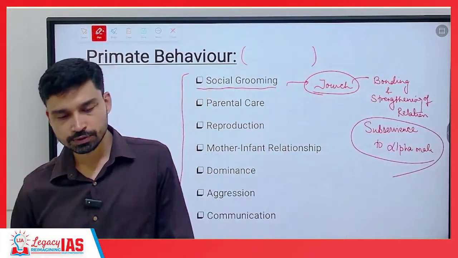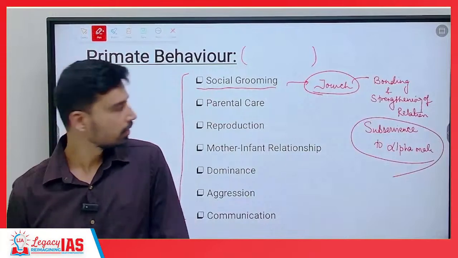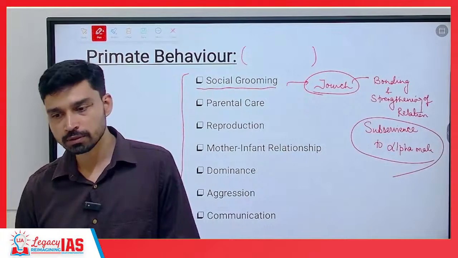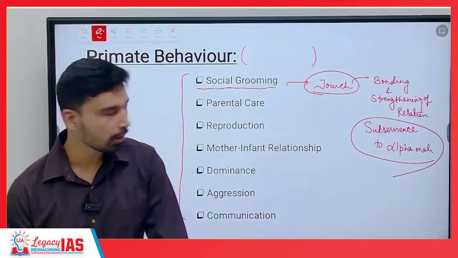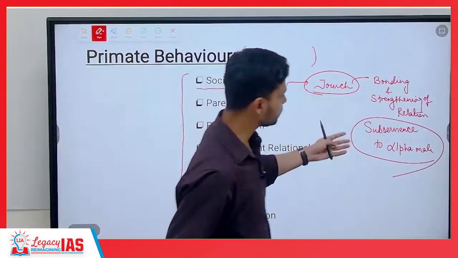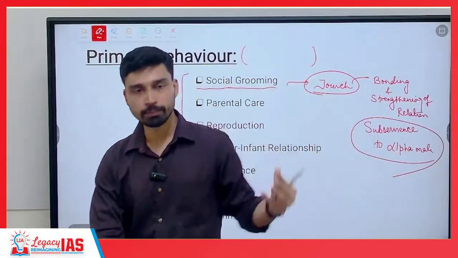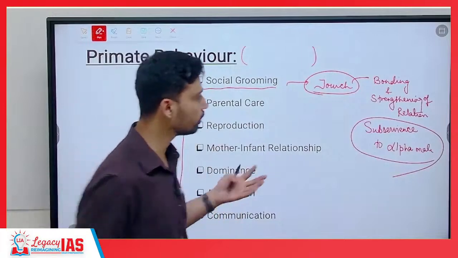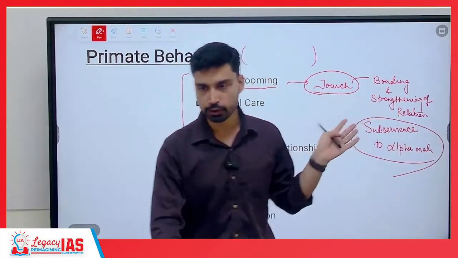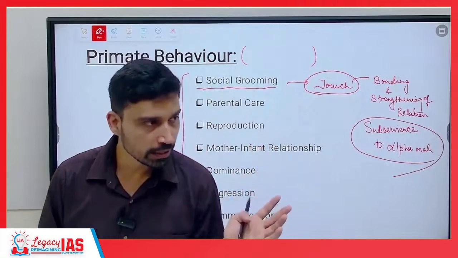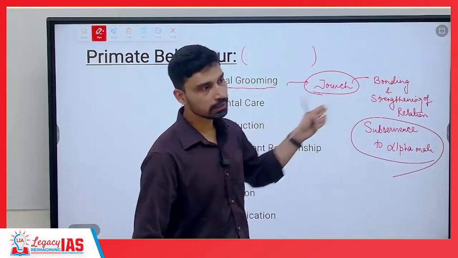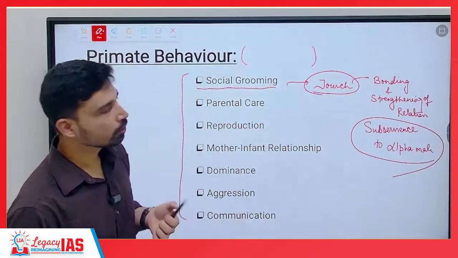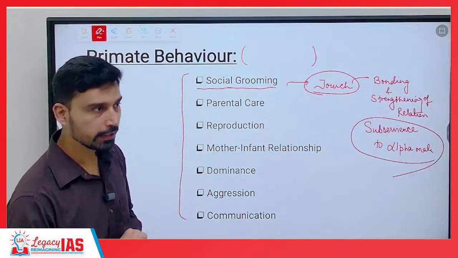Alpha male basically means the leader of the group. Whichever is the most dominant, more powerful, strongest male, he becomes the leader, and then the other members of the group do grooming for him. Basically it is a way of showing that we accept your leadership. If they do not accept leadership, then what will happen? They will not groom, rather they will start to fight and quarrel with each other. So that is why social grooming also helps in establishing proper leadership.